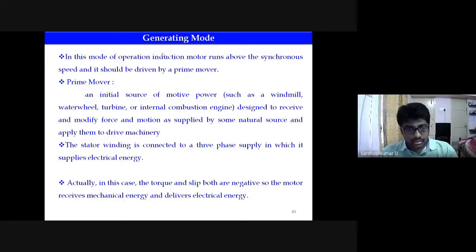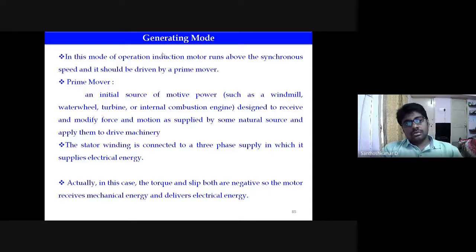The important point is that torque and slip are both negative, so the motor receives the mechanical energy and delivers the electrical energy. That is the generating mode.